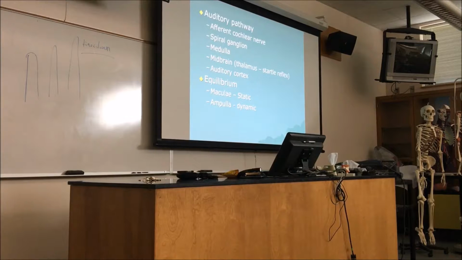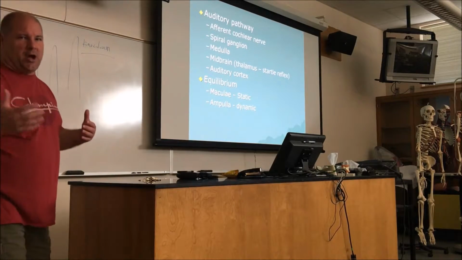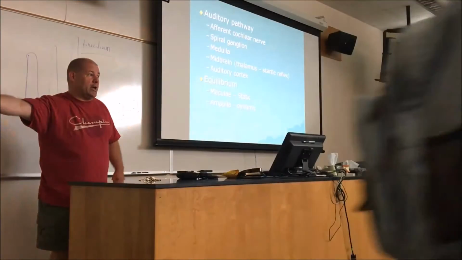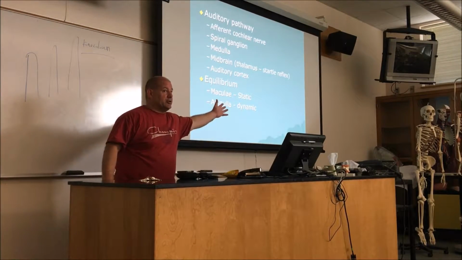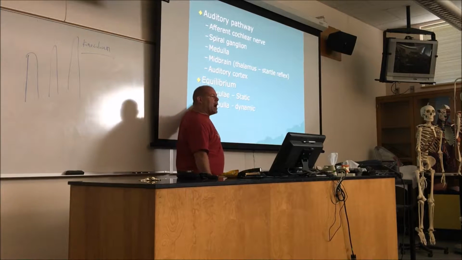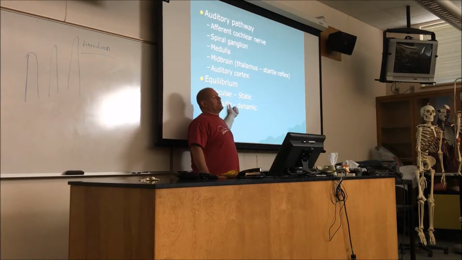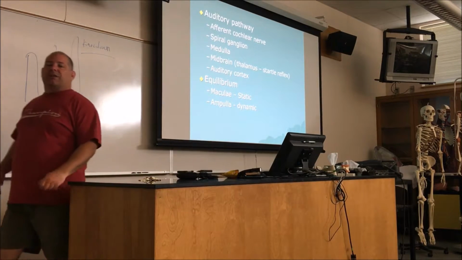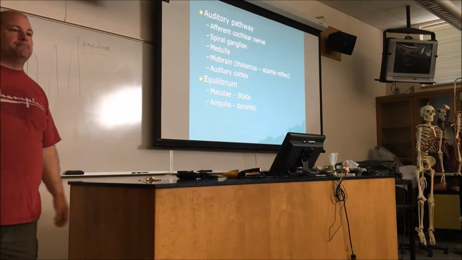Now, if I was to go off to the left, and I don't really mean to use directions because it's also going to depend on what ear we're talking about, but I'm hoping you get an idea. One direction is the cochlea, the other direction is the semicircular canals. So if I go off, I find another receptor that's housed in the semicircular canals called the ampulla, or the ampullae for plural. This has to do with angular or rotational movement.